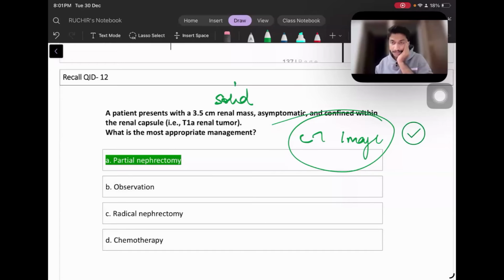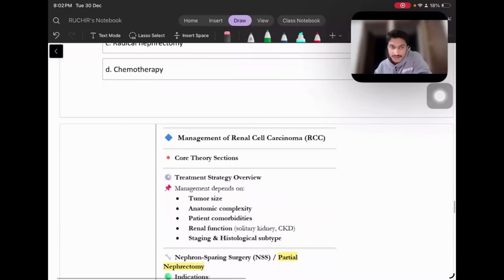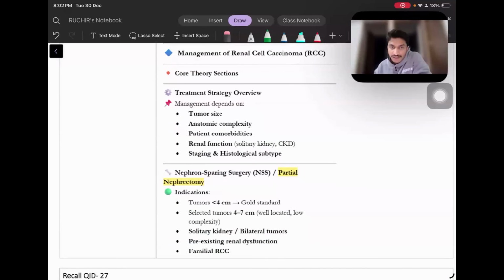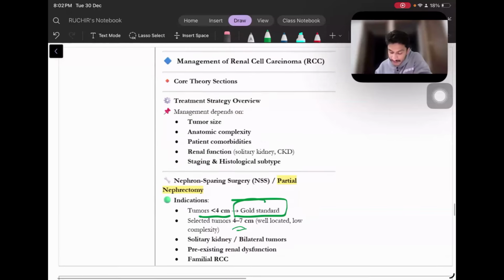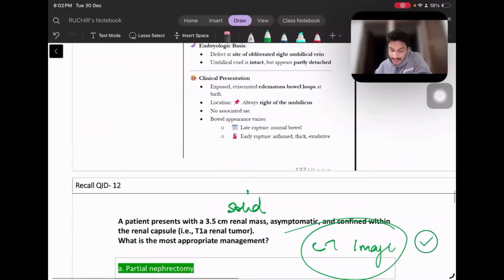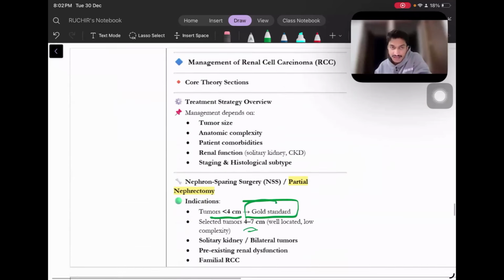Okay, so for a renal tumor less than 4 centimeters, it is very nicely mentioned here that you go for a nephron sparing surgery or partial nephrectomy, which is the gold standard. Only for selected tumors do you go above 4 centimeters. But as the size mentioned here is 3.5 centimeters, the correct answer is partial nephrectomy. This is again from Bailey.